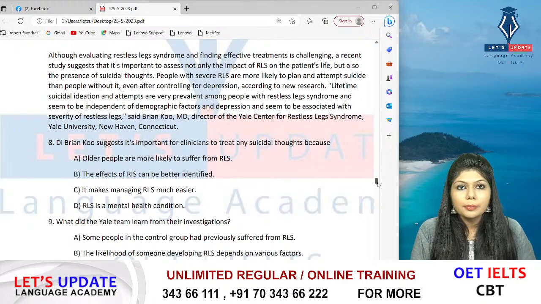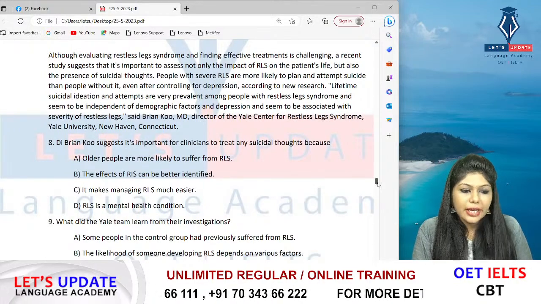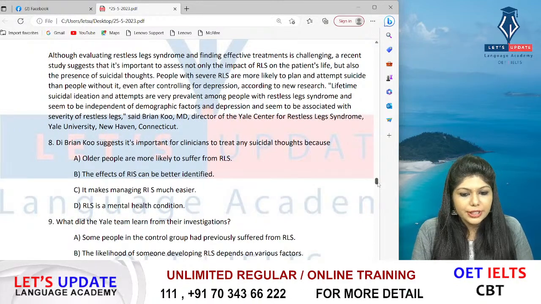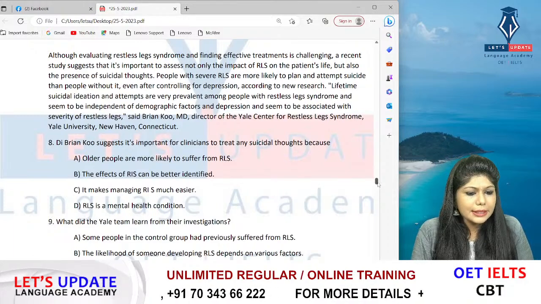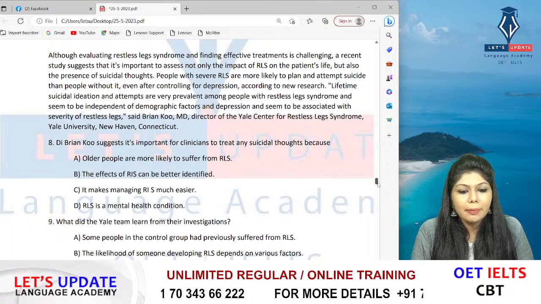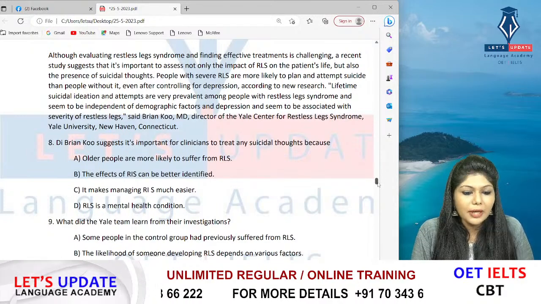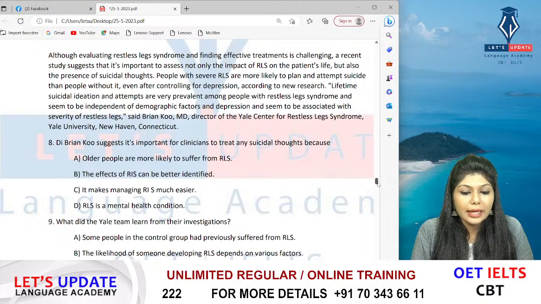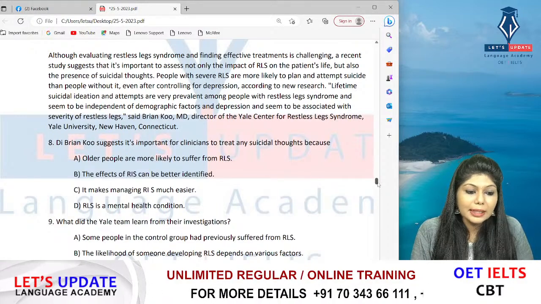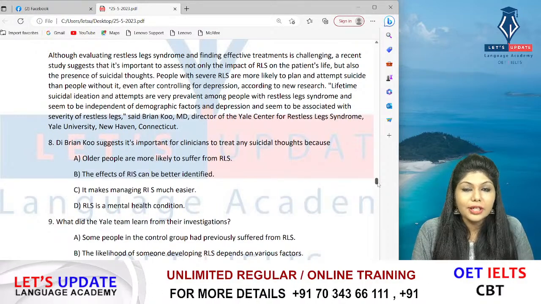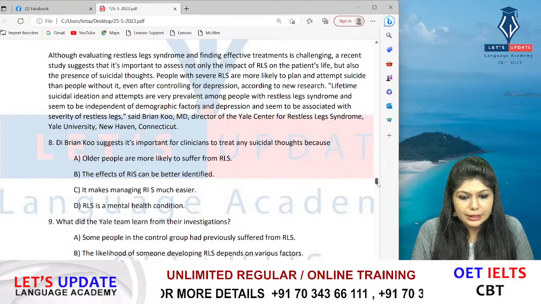Okay, so I'm going to read this paragraph. Although evaluating restless leg syndrome and finding effective treatment is challenging, recent studies suggest that it's important to assess not only the impact of RLS on the patient's life, but also the presence of suicidal thoughts. People with severe RLS are more likely to plan and attempt suicide than people without it, even after controlling for depression, according to new research.